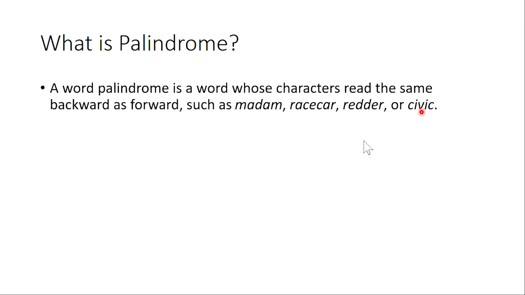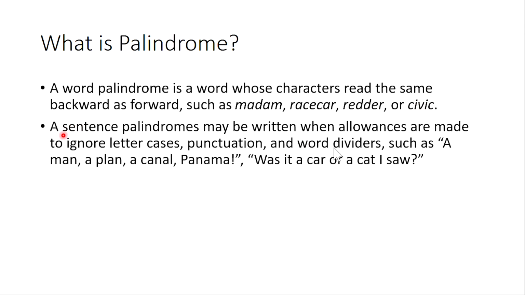Okay. So a sentence palindrome may be written when allowances are made to ignore cases, punctuation, and word dividers, such as this: The man, comma, a plan, a canal, Panama.